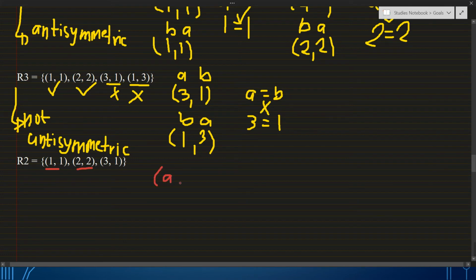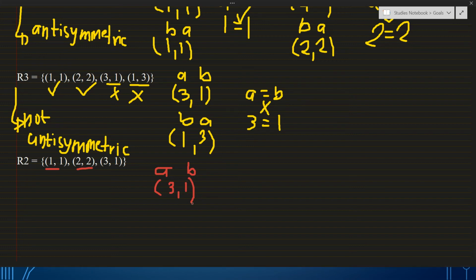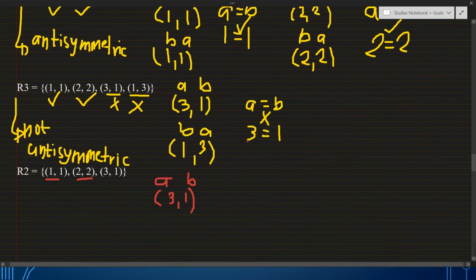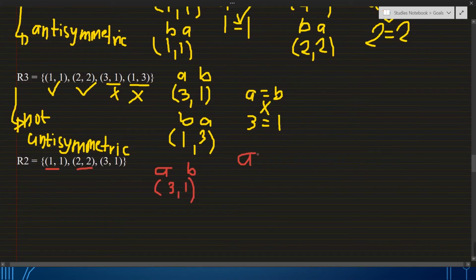I'll write it as A, B. So we have: A relates B and B relates A, then A equals B.